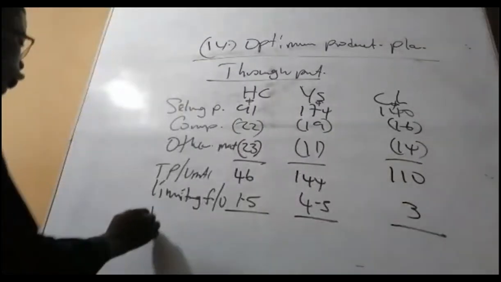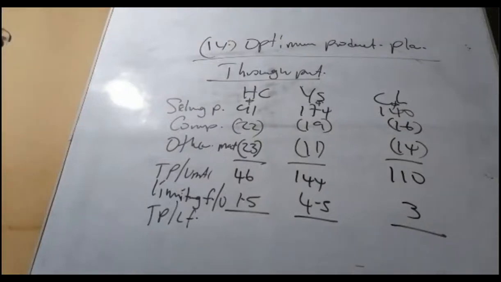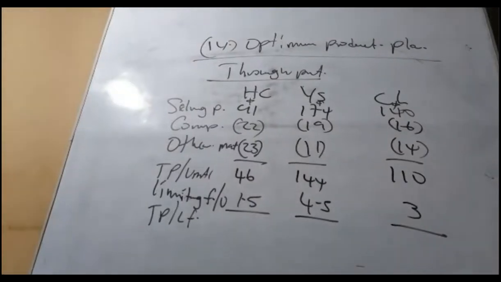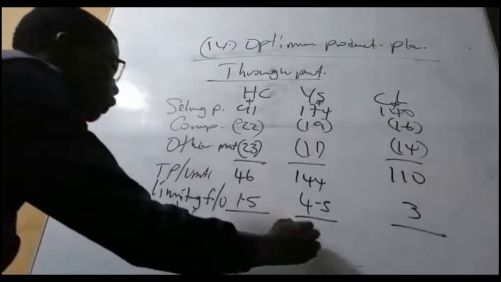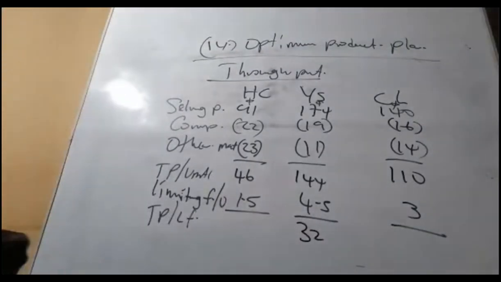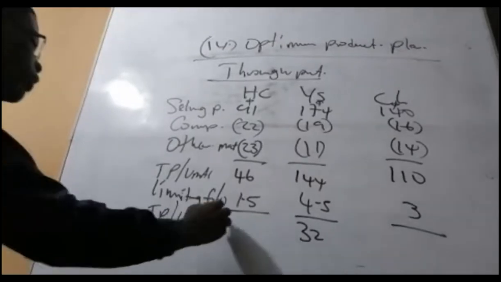So what's the throughput per limiting factor? 46 divided by 1.5 is 30.67. Then I have 144 divided by 4.5, that's 32.